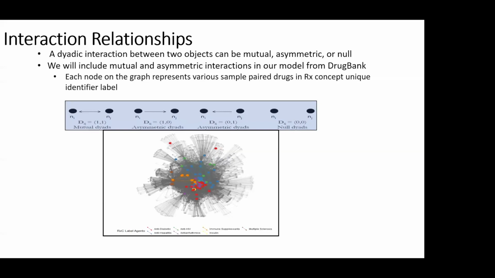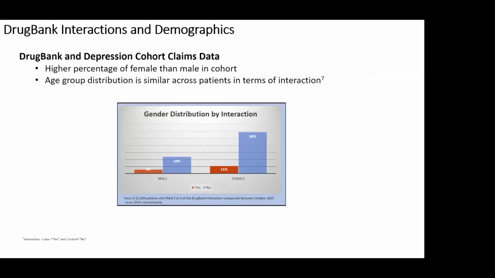And having done that, we decided to incorporate our claims data. We use the claims data, just a sample of 21,000 patients, people who filled between 2 to 6 drugs within the period we're looking at, between October 2015 and June 2019. So those people used these 2 to 6 drugs concomitantly within those periods.